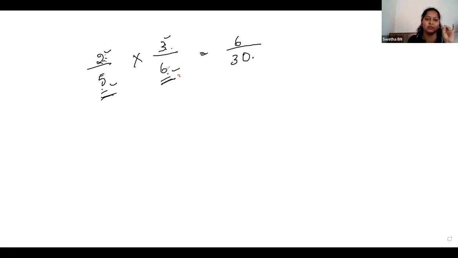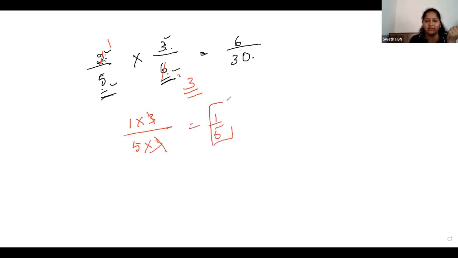Okay. 2 1s, 2 3s. Now we have 3 right now. So I will write once again. Now we can cancel these 3s and 1 by 5 is the answer.